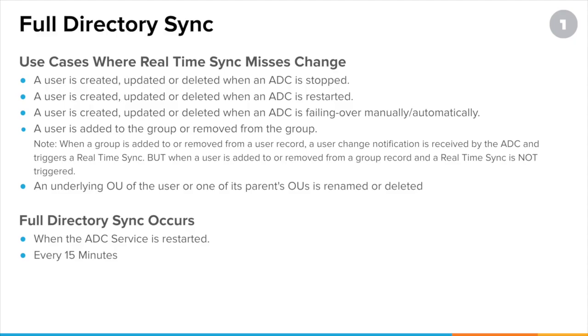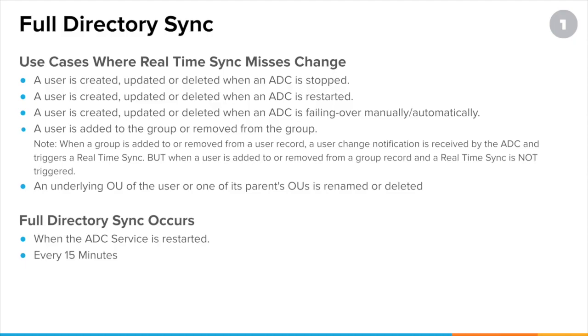I understand it's still modifying the user object underneath, but it's just the way the events are firing off. Then, again, that periodic full directory sync will catch those types of changes and make sure that, if the user was added to the group via the group object, we will know that within OneLogin.